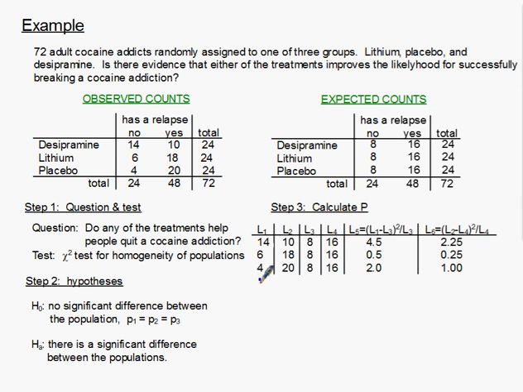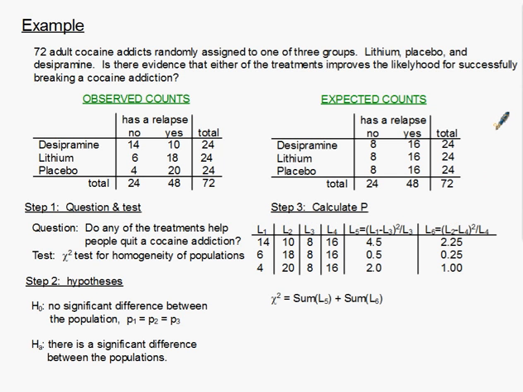This is for the no relapse, and this is the expected no relapse. Those get combined there. And this is our observed relapse, our expected relapse, and that gets combined there. And so these are various components of our chi-squared test.